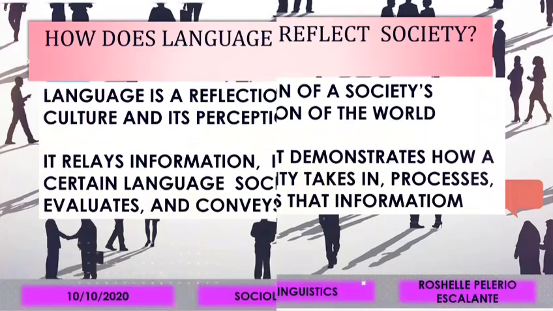So language is also considered a representation of a certain society, country, or place. Why? Simply because once you hear someone speak, you can easily determine where he or she came from without looking at his or her physical appearance.